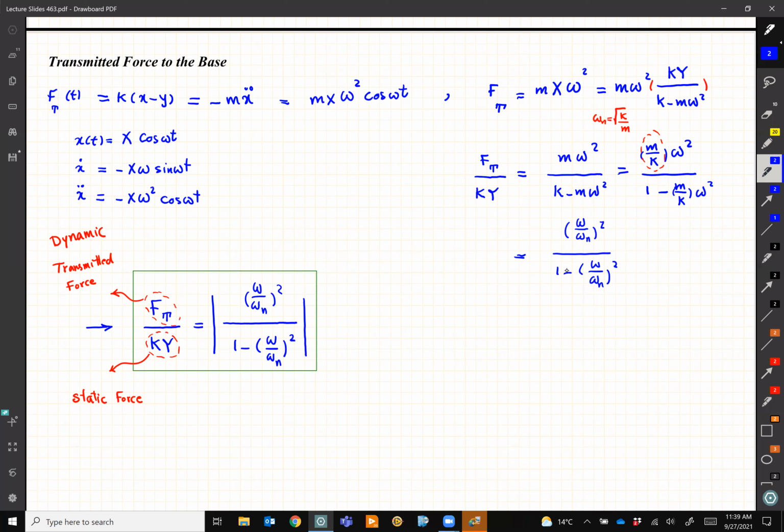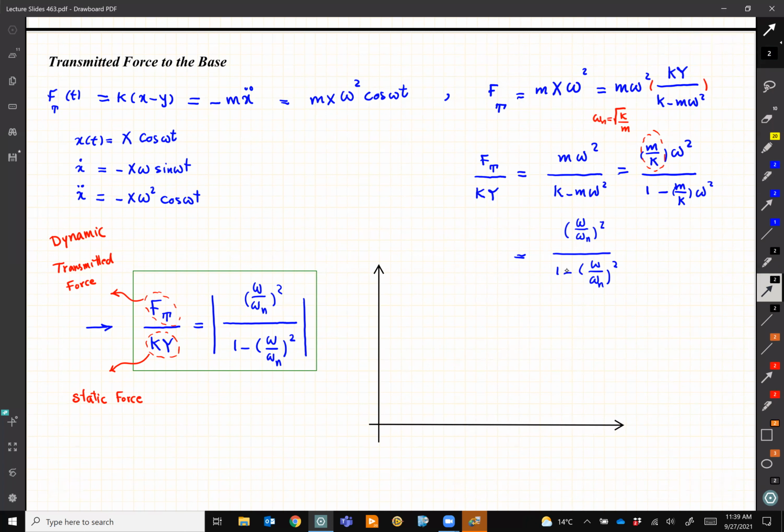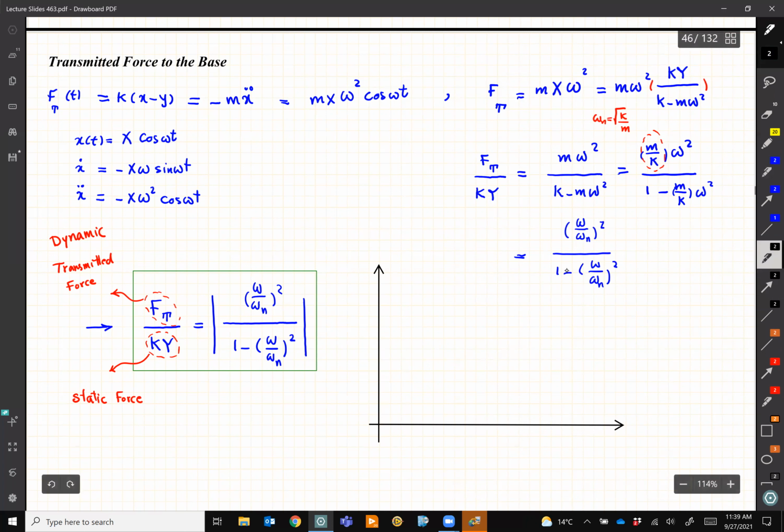All right, now let's plot these things, because we always like graphing or plotting things, because then we can interpret it better. So I like to plot these. The whole thing is also called the magnification factor, but that's a different magnification factor, right?